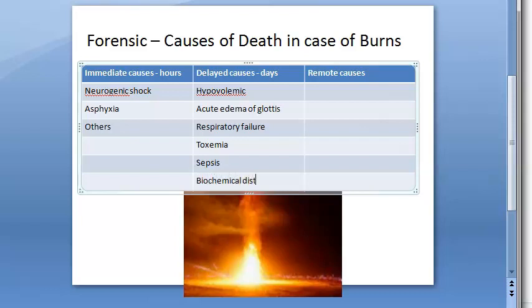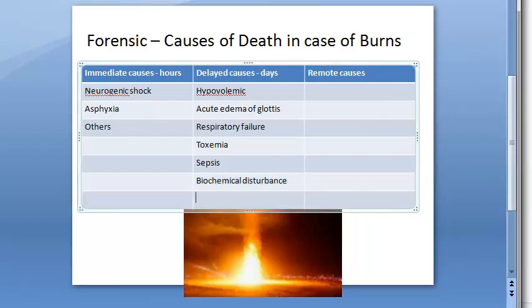Biochemical disturbance means secondary to the fluid loss and destruction of tissue. Hypokalemia they are saying, so hypokalemia can kill the person. Next point here, acute renal failure. Acute renal failure can cause the person's death in a few days. Due to necrosis of the lower nephron, it occurs on the 3rd to 4th day, and the person can die.